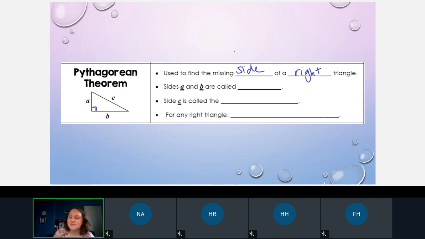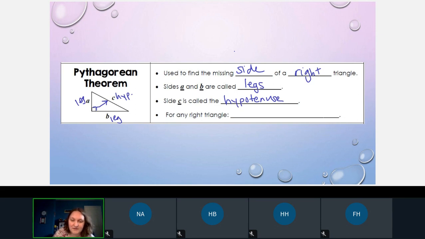Typically, sides A and B are called the legs, and C is the hypotenuse. The hypotenuse is the longest side of your right triangle. It is always across from the right angle. So the side across from that right angle, that's your hypotenuse. The sides that touch the right angle are the legs.